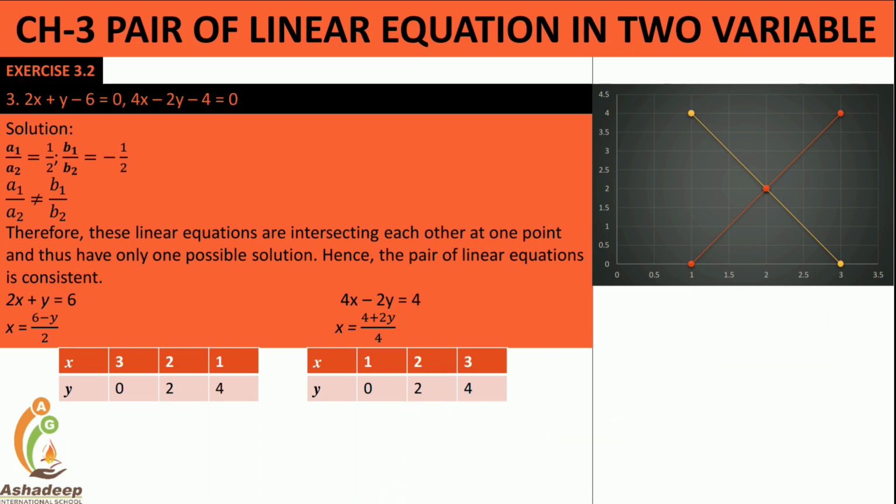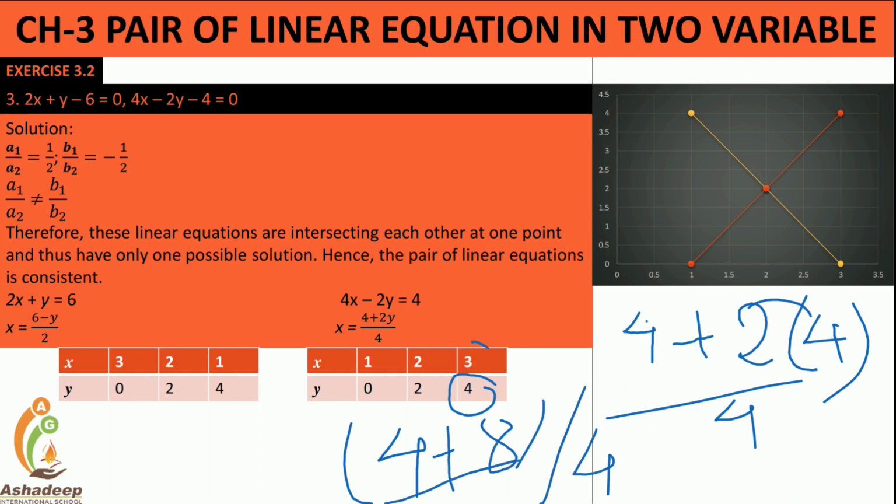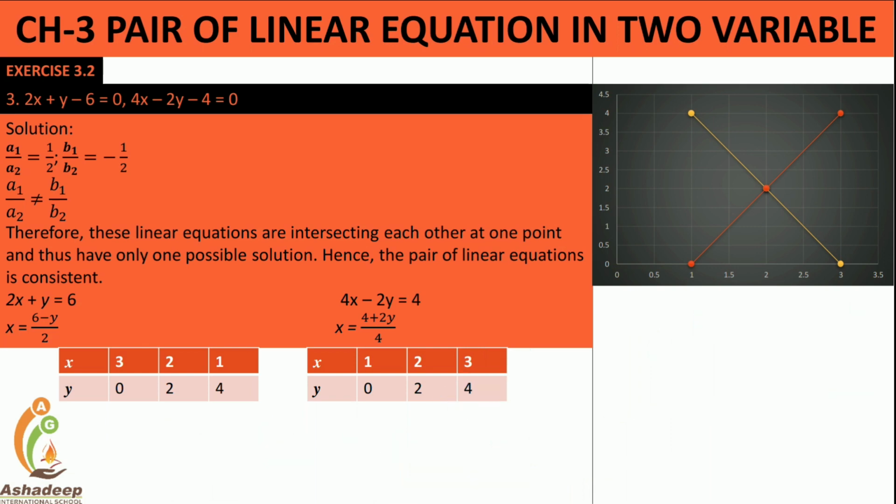In the same manner, 4 plus 2 into, instead of y, we put 4. 4 2s are 8. So it's 4 plus 8 divided by 4. 4 plus 8 is 12. 12 divided by 4 is nothing but 3. So here it is. In this way we get these points.